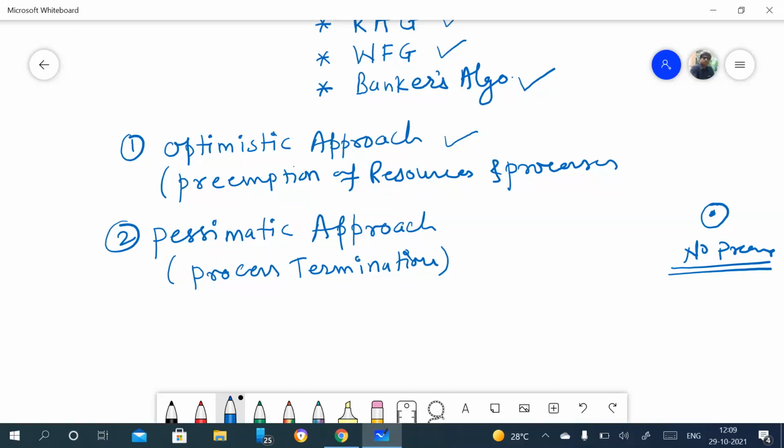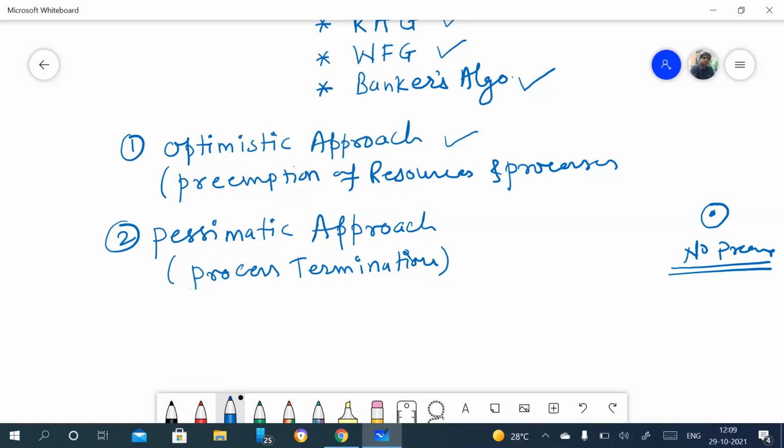And in the pessimistic approach, we have process termination. Yesterday I also told you about the ignorance approach. If the system enters into deadlock, we can kill all the processes.